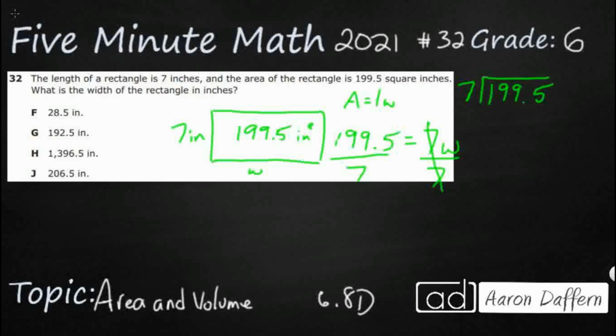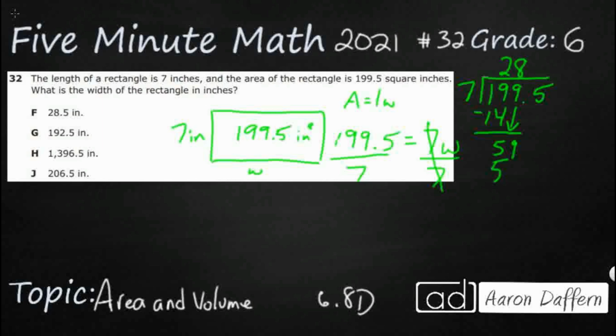199.5. So 7 goes into 19. Let's see, once, twice, almost 3 times, but not quite. So that's 14. That's going to be 5. We bring down just 1 at a time. So 7 goes into 59. Let's see, 8. Because 9 would be a little bit too big.